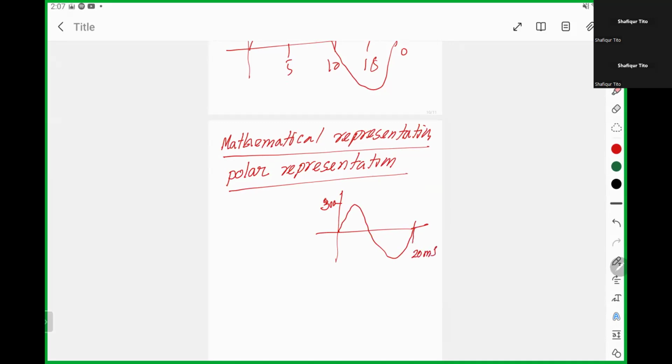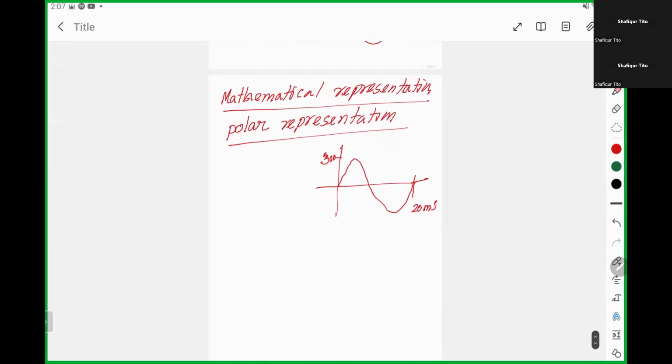We will take the same example. And this sinusoidal signal, I can represent v(t) equal to 300 sin(314t). To generalize this, we can write A sin(ωt + θ). Okay. So this is my sinusoidal signal.